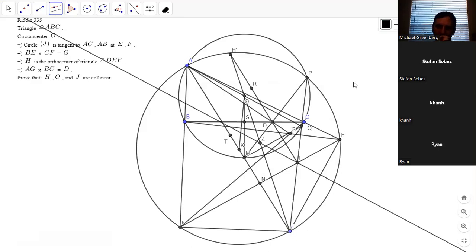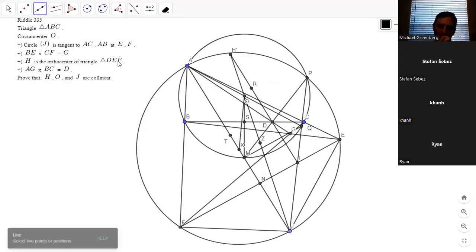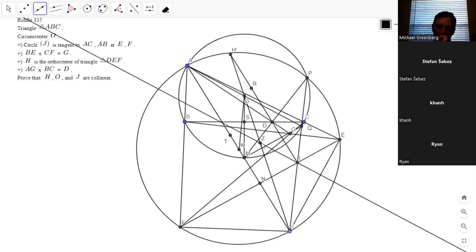So if we let Z be the midpoint of H prime J, then we want to show ZI is parallel to AO. Yeah, I feel like I'm maybe going in circles here, but yeah, we want to show ZI is parallel to AO.